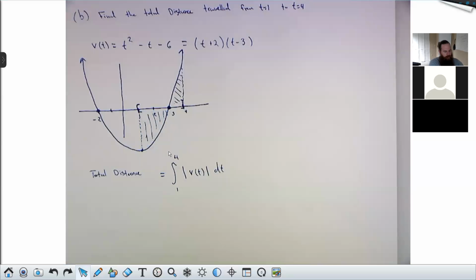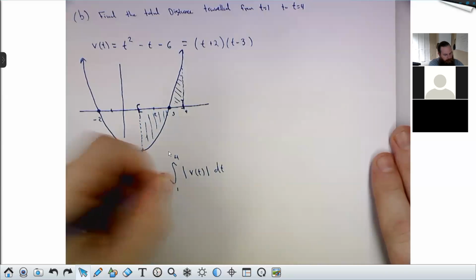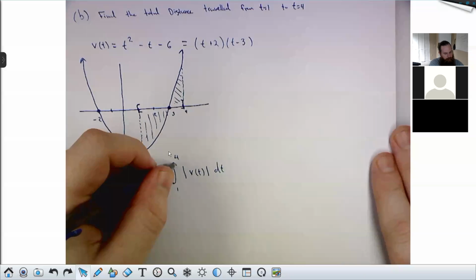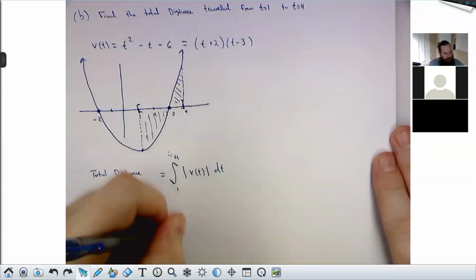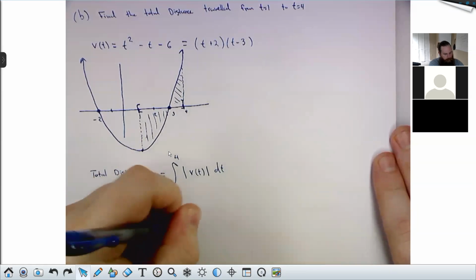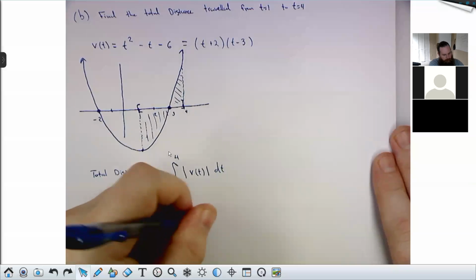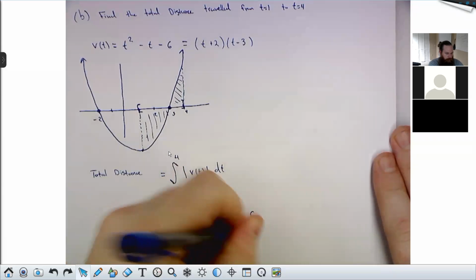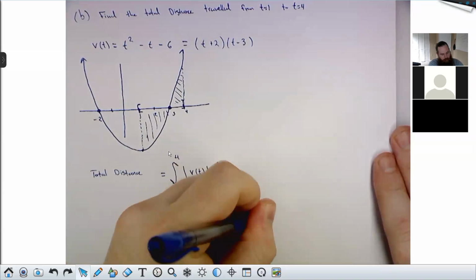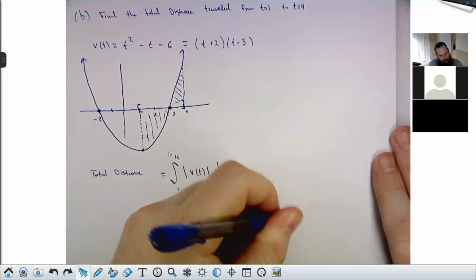Well, the trick is to use some properties of the definite integral that we discussed last time. Remember, the definite integral can be split up. This is the same as the integral from 1 to 3, absolute value v of t dt, plus the integral from 3 to 4 of the absolute value v of t dt.